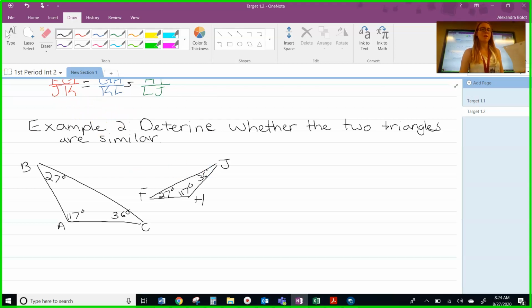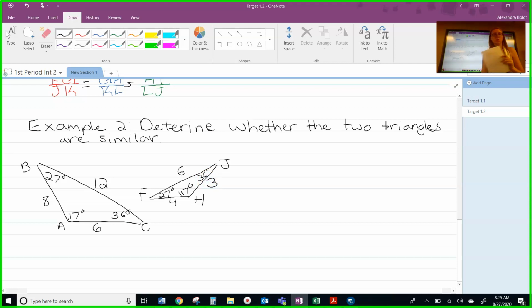Okay, so we want to determine if these two triangles are, oh wait, and we have side lengths. This is going to be 12, 8, 6, and this is 6, 4, 3.